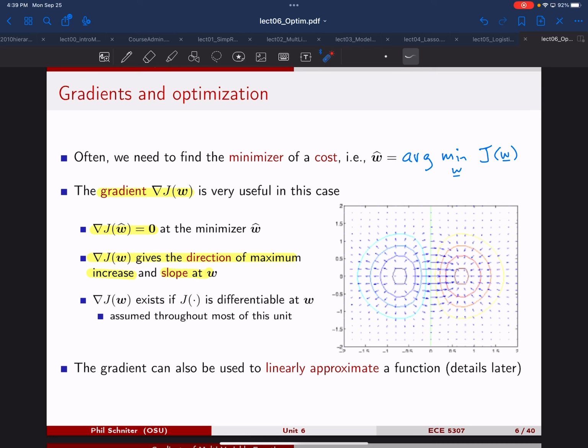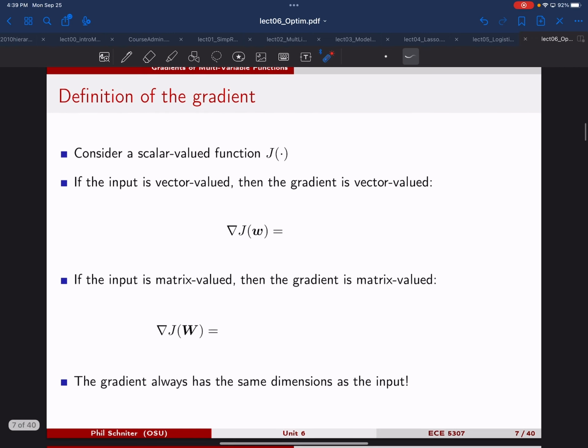Okay. And another thing we're going to do is use gradients to linearly approximate functions, but we'll do that in just a moment. Okay, so how do we define the gradient? Well, it really depends on the shape of the quantity we're minimizing. What we've focused on so far is minimizing with respect to a vector. So in other words, this W is a vector. In this case, we said the gradient had this form.